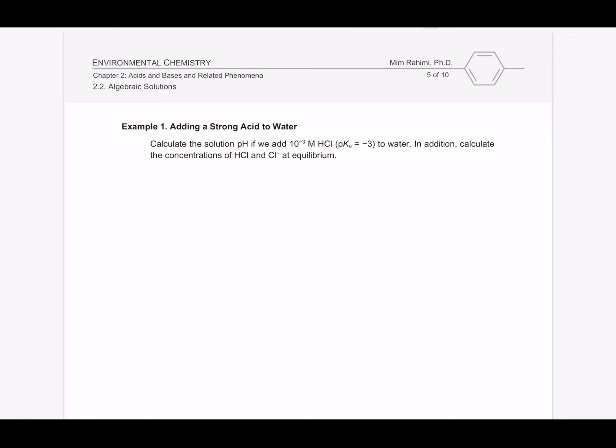When I say relatively simple, it's when we have a strong acid or strong base, and you roughly know how much you added in terms of the proton, then you can back calculate the pH. So can anyone tell us, if we add 10 to the minus 3 of sodium chloride, what would the pH be?